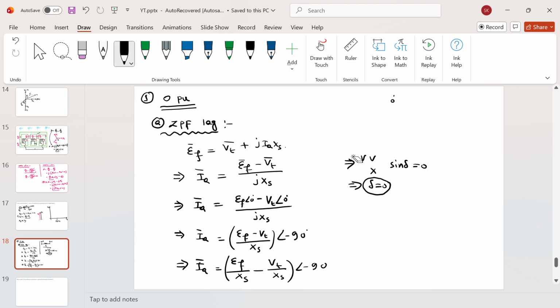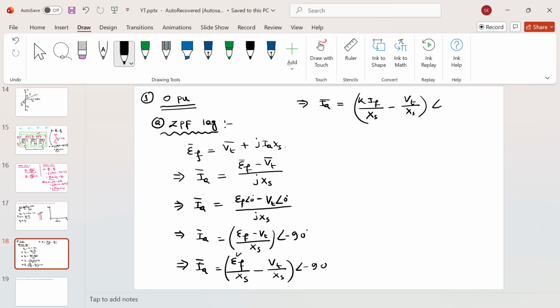Now, as we have seen in the previous slide, EF is directly proportional to IF. Okay, so this EF I can replace by, maybe, EF equals K times IF. So Ia equals (K times IF) by XS minus Vt by XS at angle minus 90. Okay, so I am interested only in magnitude, let's say.